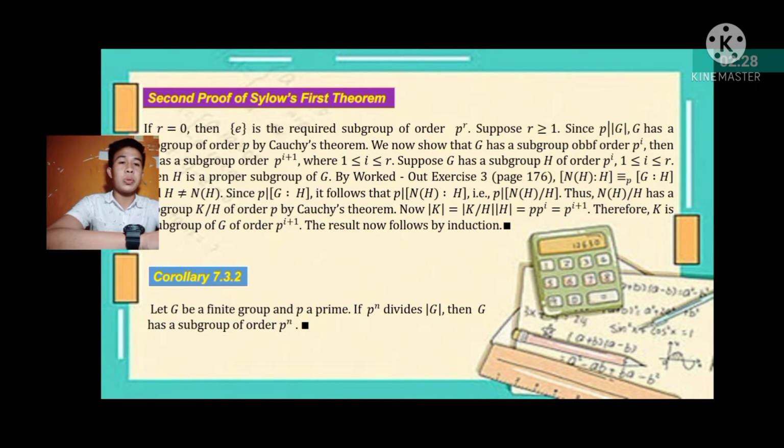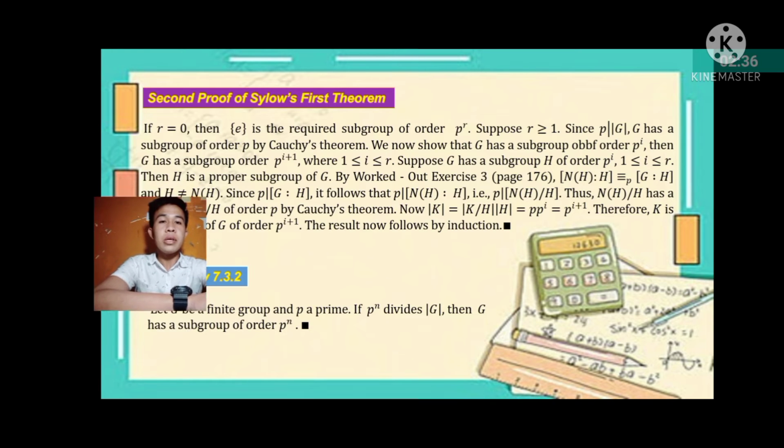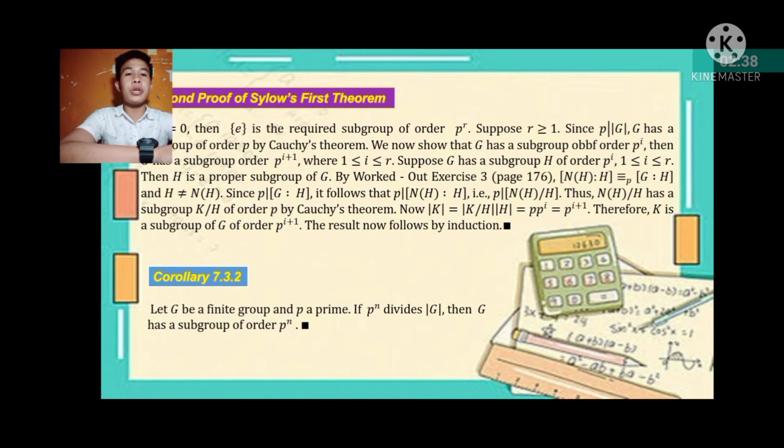We now show that if G has a subgroup of order p to the power i, then G has a subgroup of order p to the power i plus 1, where i is greater than or equal to 1 but less than r. Suppose G has a subgroup H of order p to the power i, where i is greater than or equal to 1 but less than or equal to r.